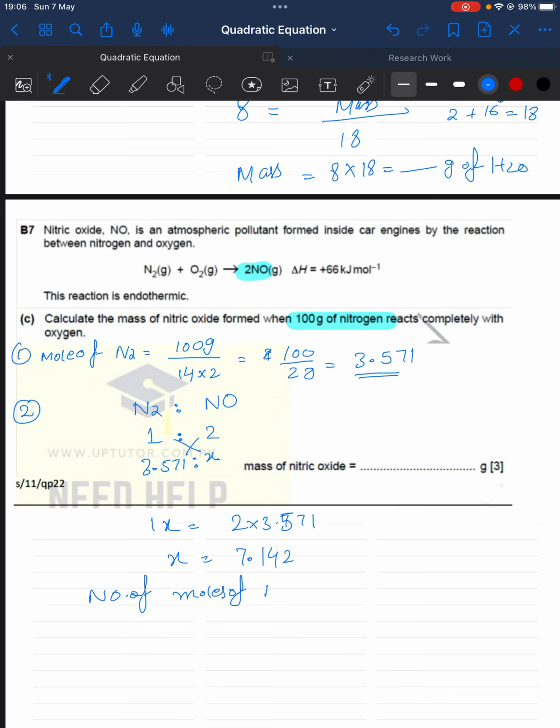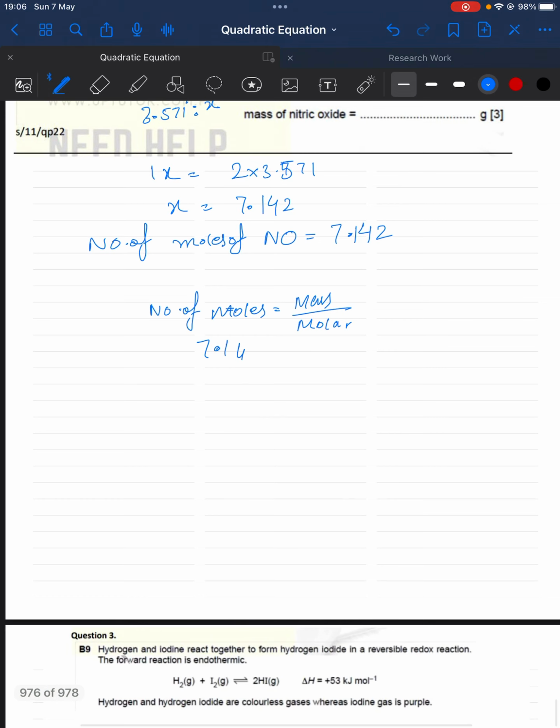Now we have the number of moles of nitric oxide: 7.142. And now we have to find out the mass, so we convert the mole into the mass. We know that number of moles is equal to mass over molar mass. Now we have the moles as 7.142, and we have to find out the mass.